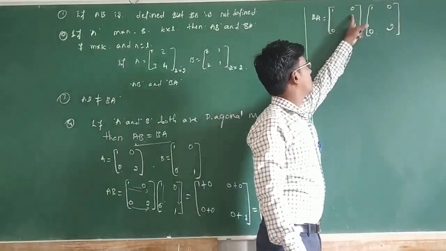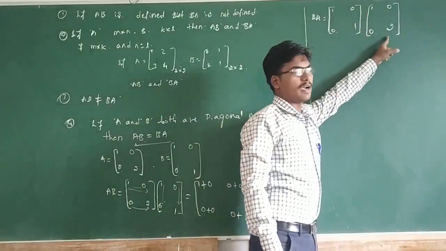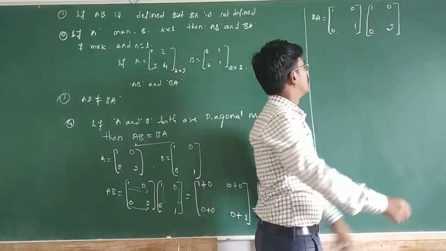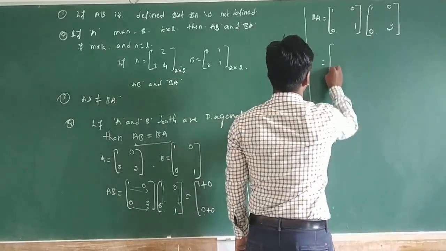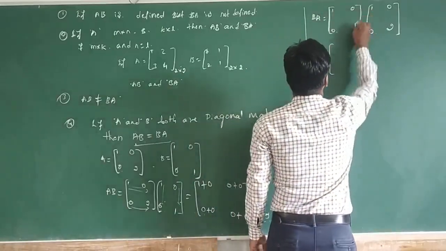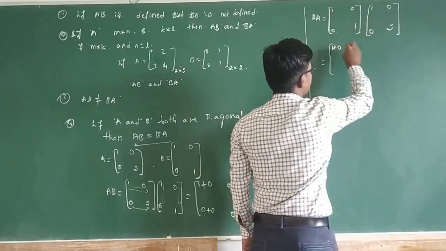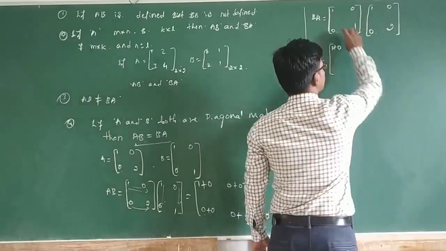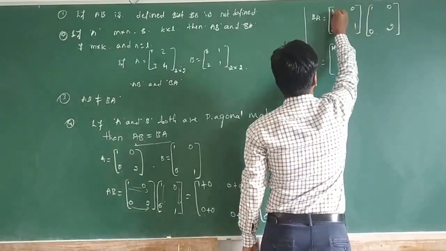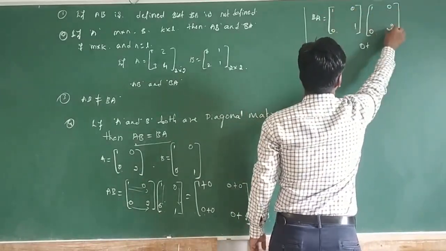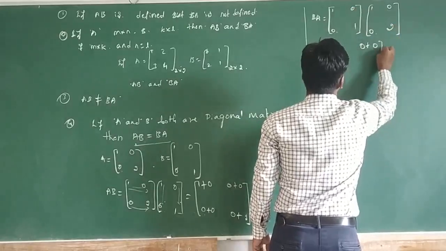Take the first row, each column of the next matrix multiply with the addition of corresponding elements. So here 1 into 1 is 1 plus 0 into 0 is 0. First column complete. Next, same row in the second column multiply. 1 into 0 is 0 plus 0 into 2 is 0.